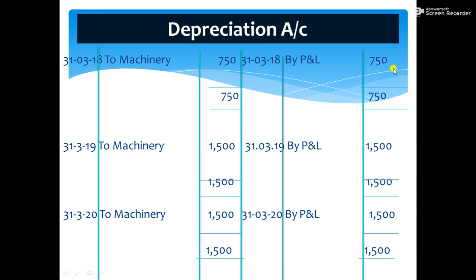And for 31st March 2019 to machinery, the full year depreciation 1,500, and that is charged to profit and loss account, transferred to profit and loss account by P&L 1,500. And 31st March 2020, same as to machinery 1,500 by P&L 1,500.